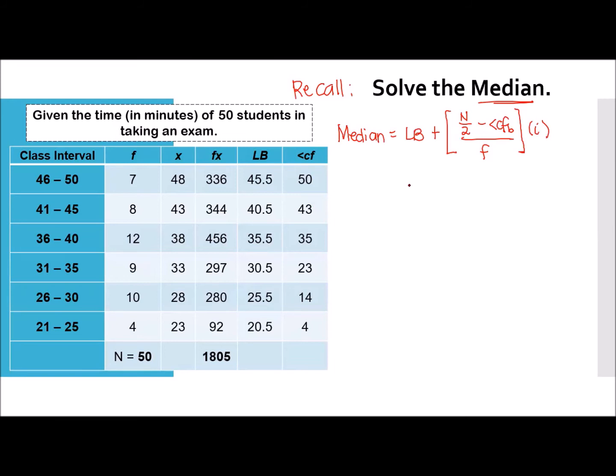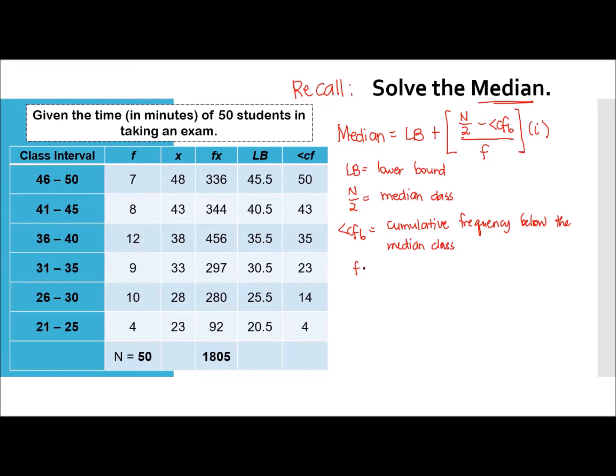Okay? So, ulit, ang LB ay lower bound. Ang n over 2, yan yung ating median class. The cumulative less than frequency below, cumulative frequency below the median class.